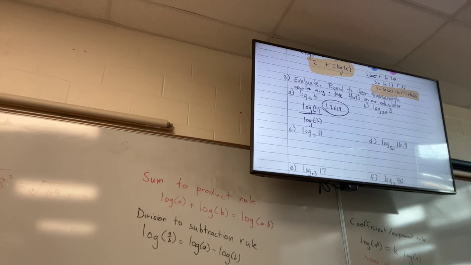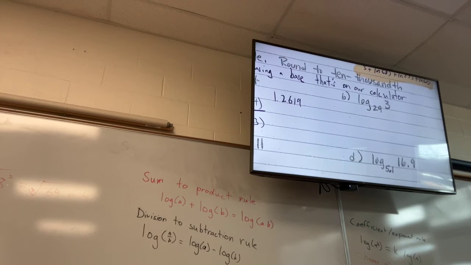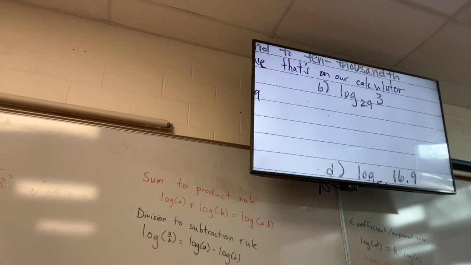Okay. So you guys see how I use the change of base formula? I can do it again with b, right? I can rewrite this as log of 3 over log of 29. Okay? So this is the same thing as log base 10 of 3 over log base 10 of 29.